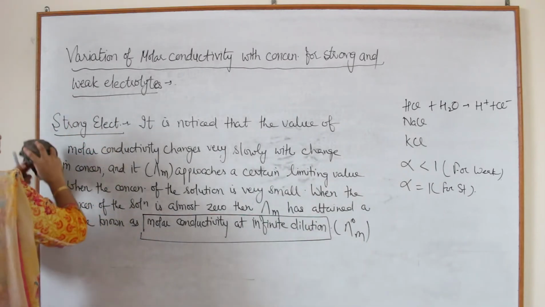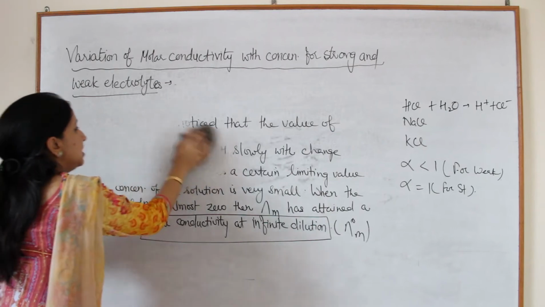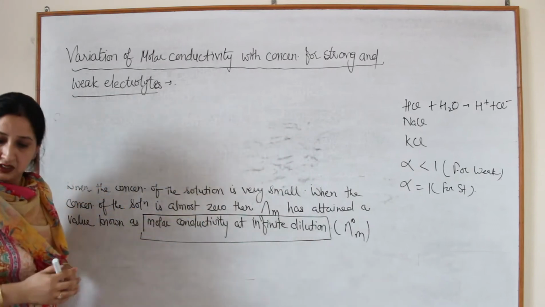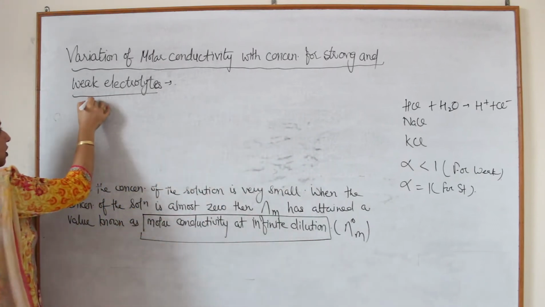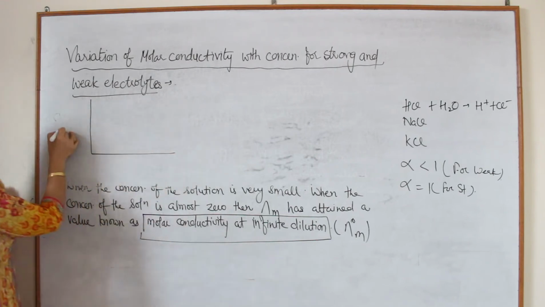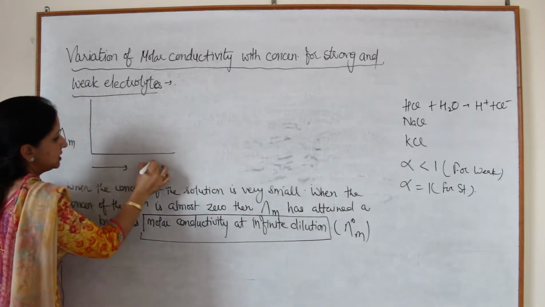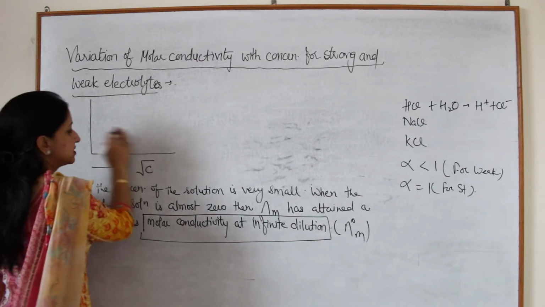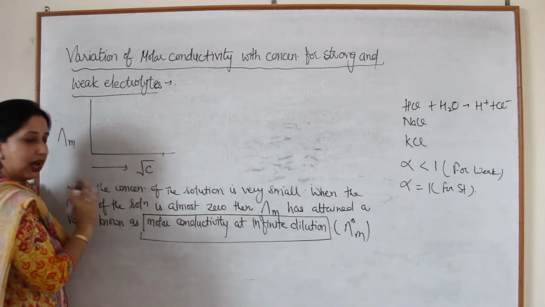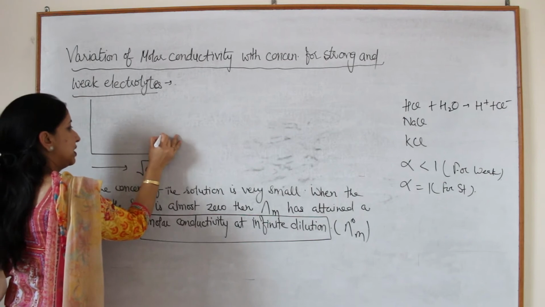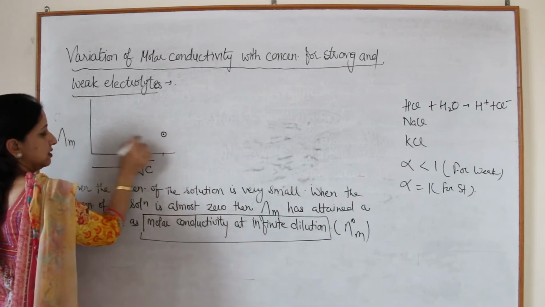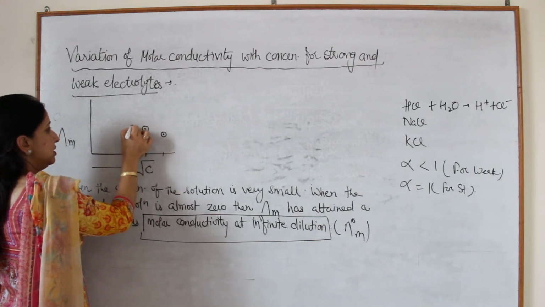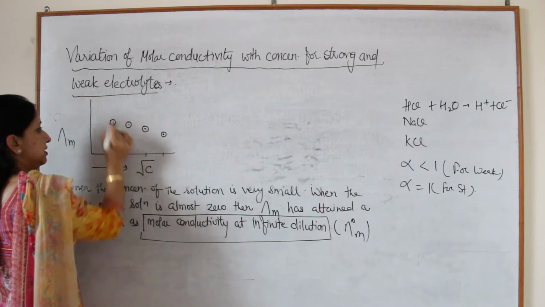This variation was studied graphically also. For example, if we plot a graph between lambda m and square root of the concentration, then when the concentration is high, the value of lambda m is this, and I am decreasing the concentration, so lambda m goes on increasing like this.